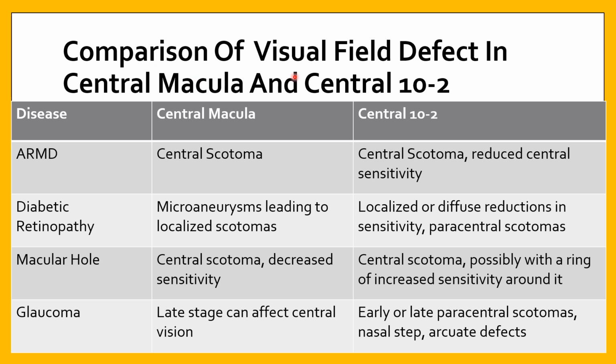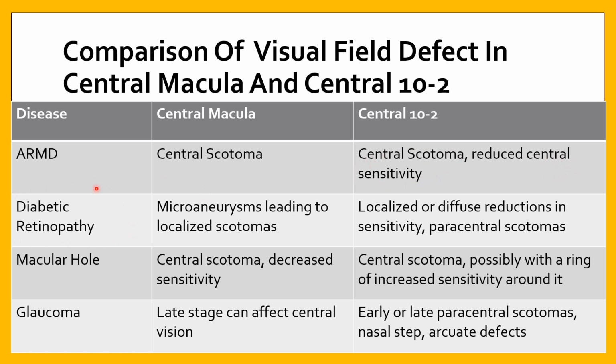Comparison of visual field defects in Central Macula and Central 10-2. In diseases like ARMD, that is age-related macular degeneration, under the Central Macula program, a central scotoma can be seen, but in the Central 10-2 program, a central scotoma with reduced central sensitivity can be seen.